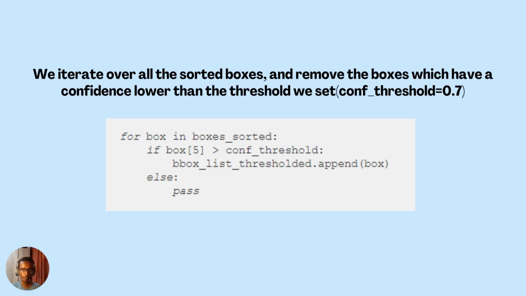And if they're greater than 0.7, we append this box to the list bbox list thresholded. Else, we just put a pass. We don't do anything. So this step is the fourth step in our algorithm, in which we remove all of the boxes below the cutoff point for the confidence threshold.